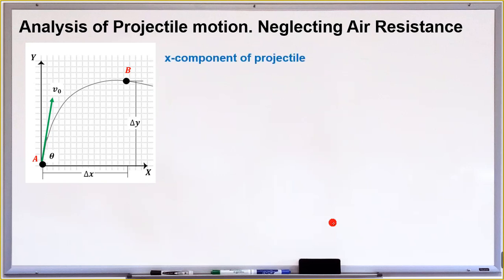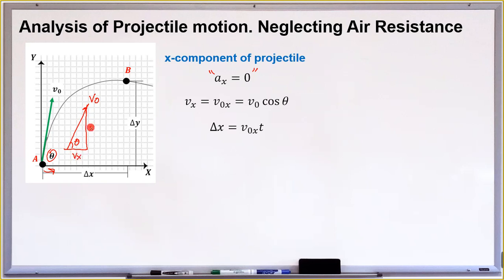So, along the x component, we assume that the acceleration is 0, and the velocity of this particle along x is equal to its component. We have here theta, so if we draw a triangle, this is our theta, this is our initial velocity, so therefore this is our vx and this is our vy. So our vx is equal to the initial velocity along x, that is also equal to v naught cosine theta.